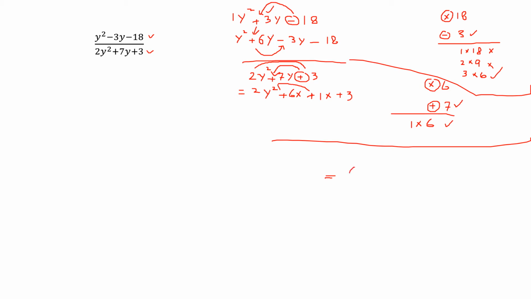Okay, the first one is y square, then plus 6y minus 3y and minus 18, divided by 2y square plus 6y plus x or y.